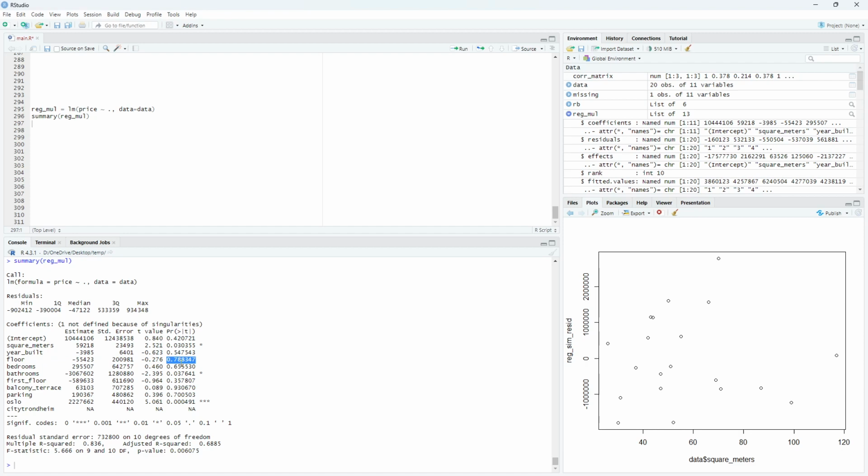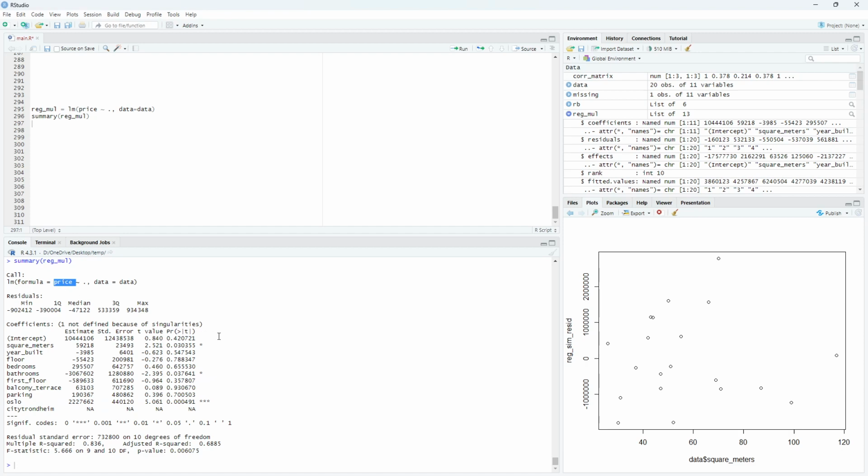So in this case, it seems like the difference between the simple regression model from the last video and this model is that the intercept is now not statistically significantly different from 0, but other factors like whether or not the city is Oslo have a more profound influence on the price.